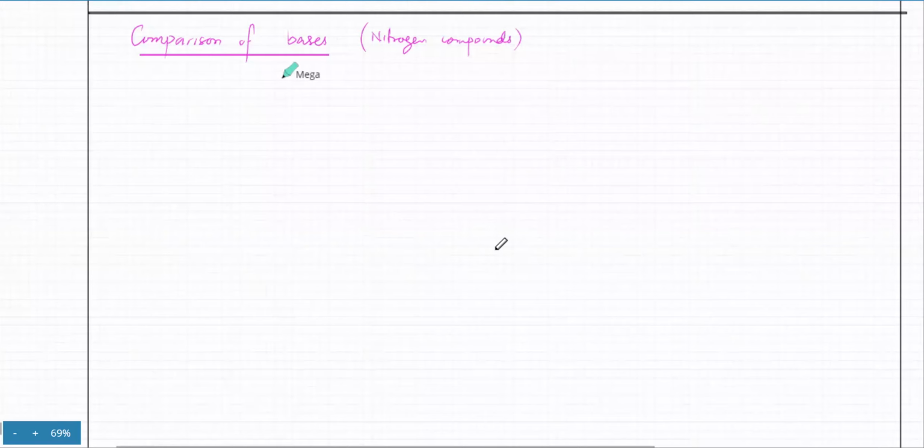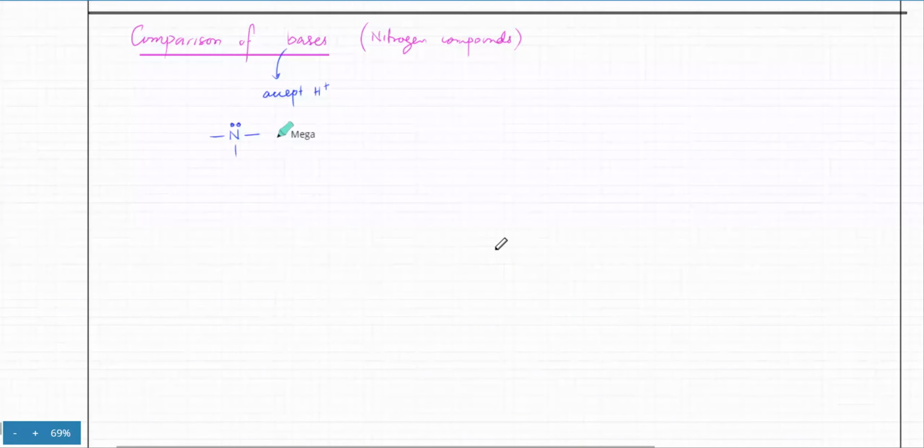What are bases? Bases are anything that accepts H plus one ions. Why do nitrogen compounds accept H plus one ions? Because any nitrogen compound, whatever it's bonded to, N has this lone pair.